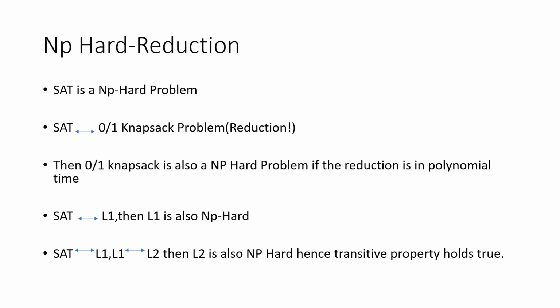That is, if I have a solution for my satisfiability problem which is converted to L1, and L1 is converted to L2, it means that satisfiability can be directly converted to L2 as well, right? So that's how the transitivity property holds good in this NP-hard detection.